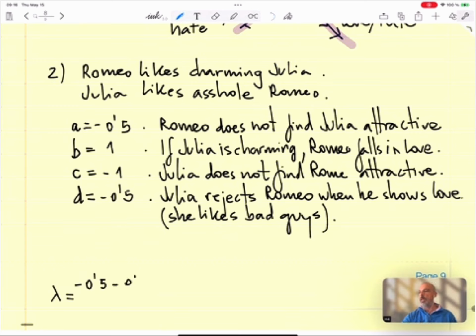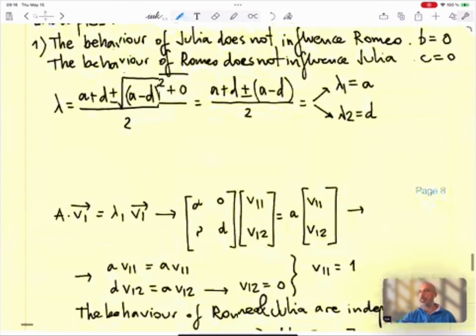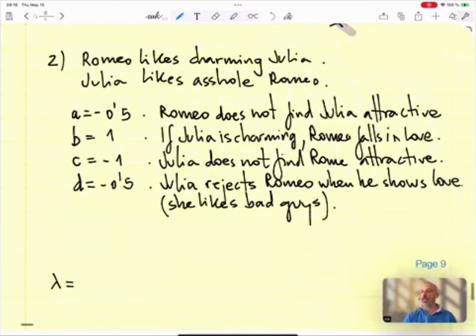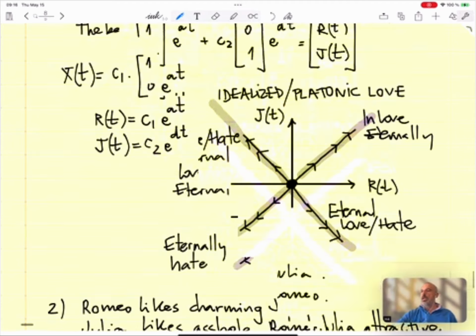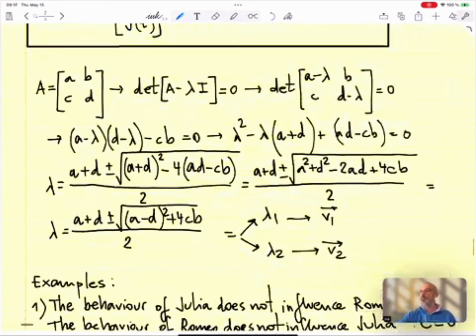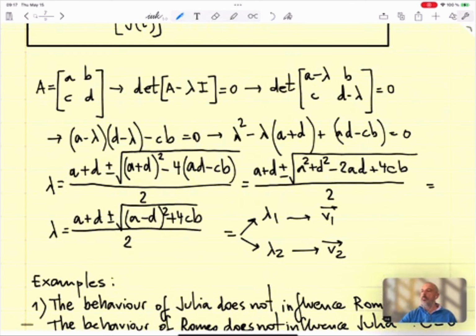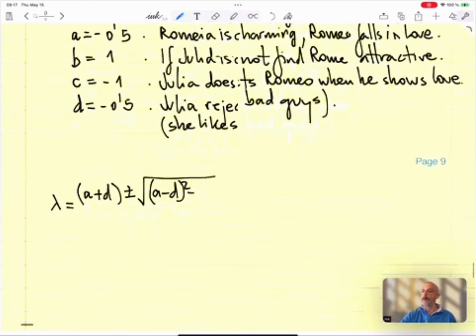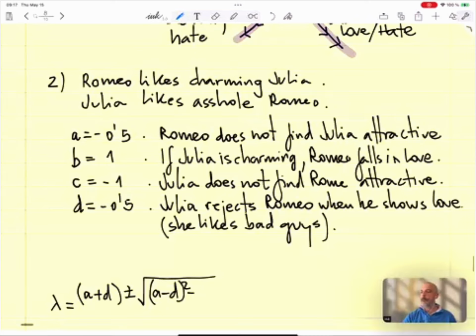Let me write the equation again: A plus D, plus minus the square root of (A minus D) squared plus 4CB, divided by 2.